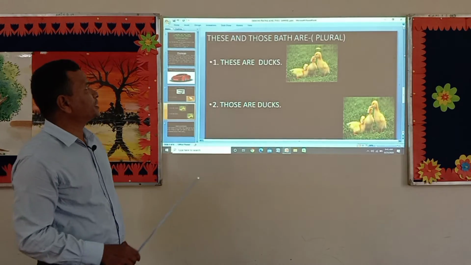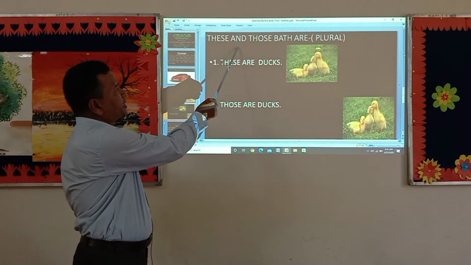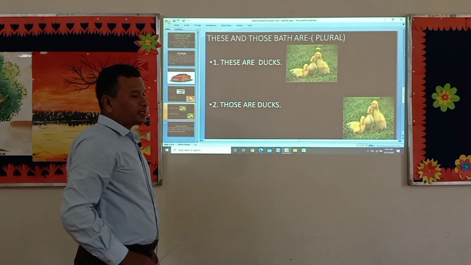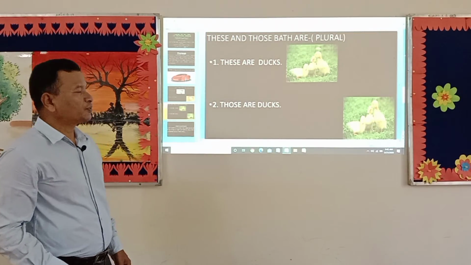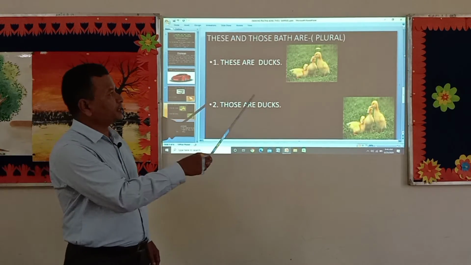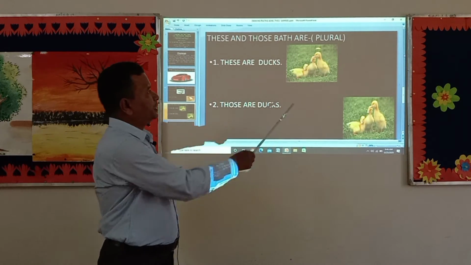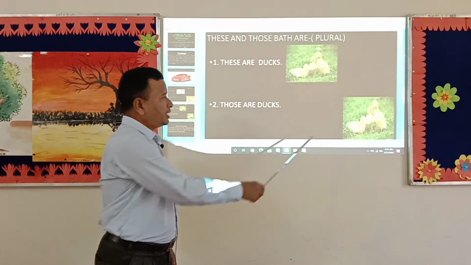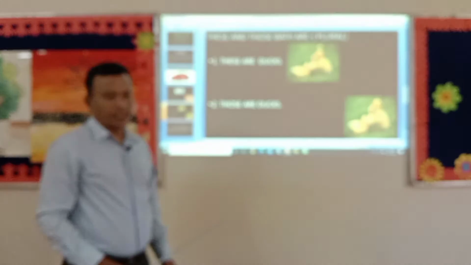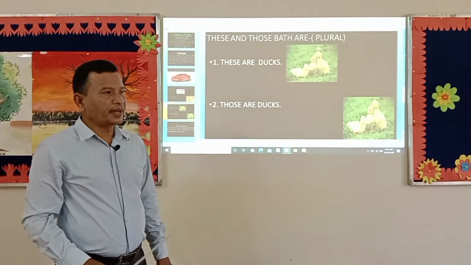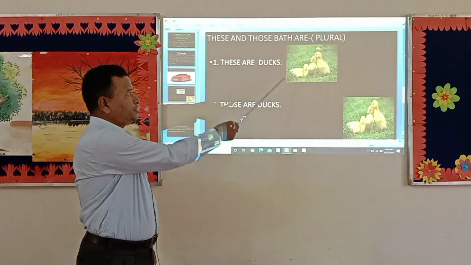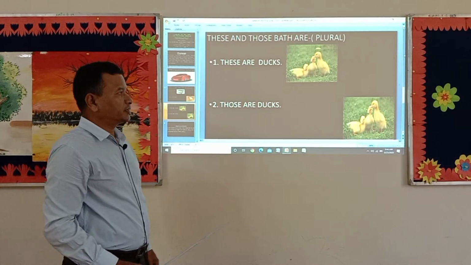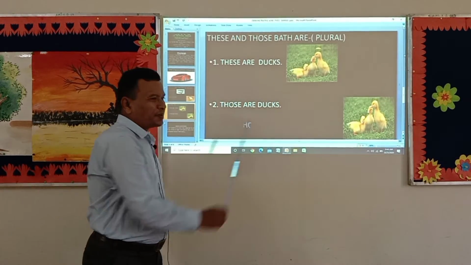Now you see, students, these and those both are plural. In the picture we can see three ducks here. Here also three ducks, but the difference is this one is closer, this one is a little bit far.